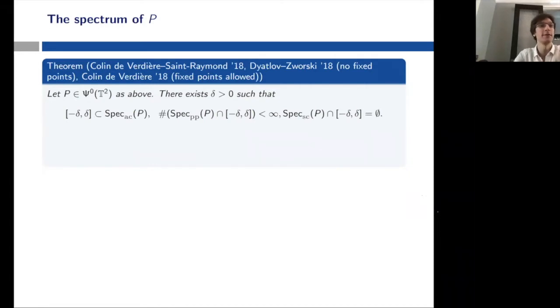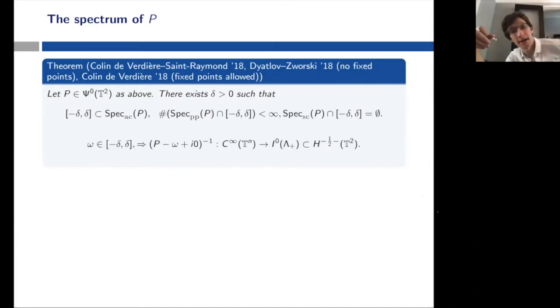And what you can see then is that near the energy 0, so omega 0 is 0 in this case, you have the following structure for the spectrum. It's absolutely continuous with possibly finitely many pure point spectrum embedded and no singular continuous spectrum. And okay, one way of proving such a thing is to find that you have a limiting absorption principle away from eigenvalues, right?